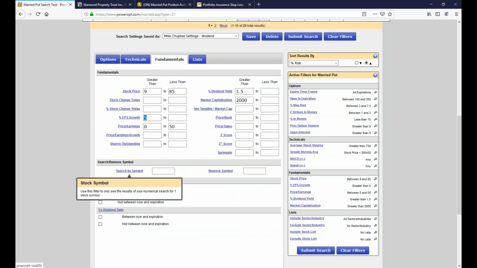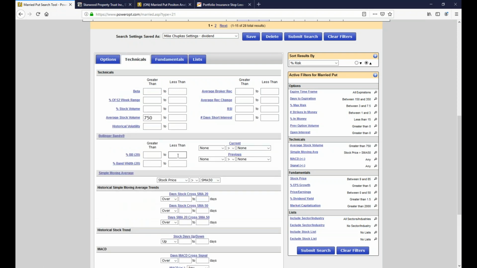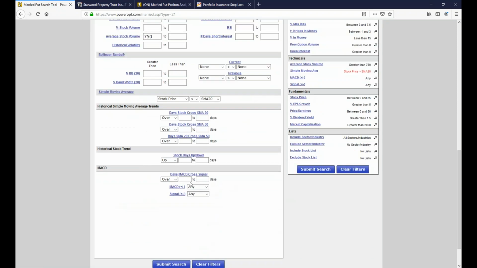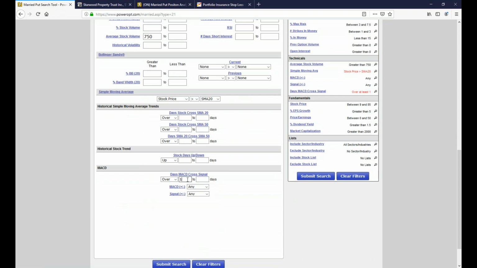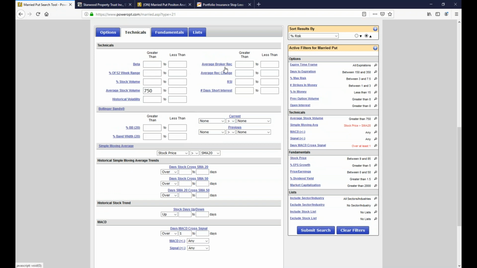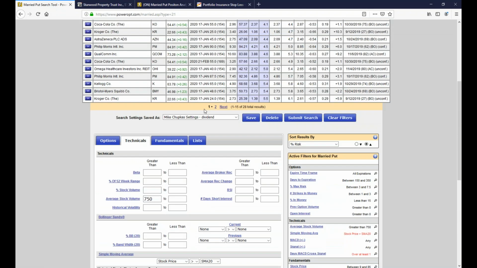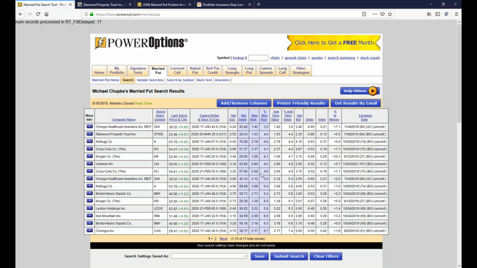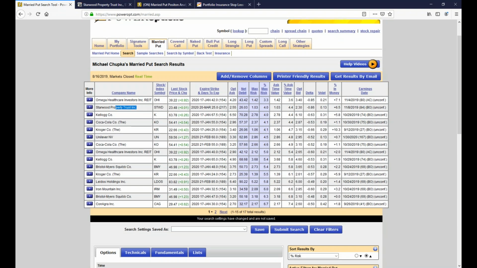Things like if you wanted positive earnings per share growth, or a certain PEG ratio, for example, or if I wanted stocks that were above the upper Bollinger Band, above the 20-day moving average, had crossed over the MACD by at least 1 or 2 days to see that positive cross, or if I wanted a certain RSI level or historical volatility, we could put that in, make those edits, and now in addition to looking at the chart, there's Starwood Property Trust, just had that crossover recently. Hasn't crossed negative yet, but is still holding up above that with the positive MACD.